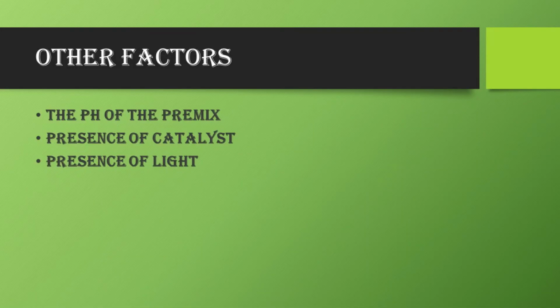Other factors also accelerating the redox reactions include the pH of premix, presence of catalyst, and presence of light. In the pH of premix, all the vitamins and other ingredients have different pH ranges. Each vitamin has a resistance zone and another sensitive one leading to degradation.